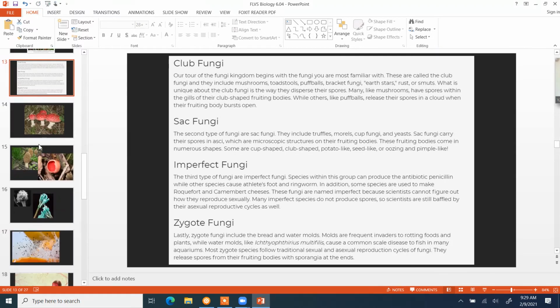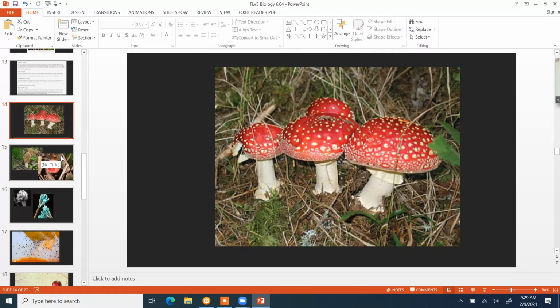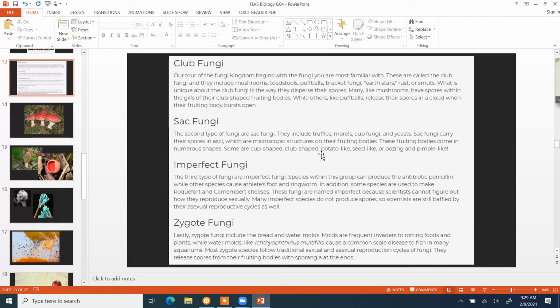Club fungi is what you normally think about when you think about fungi. They form large mushrooms, and they release all kinds of spores from them, which reproduce and form new organisms.